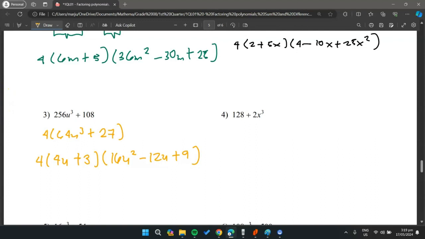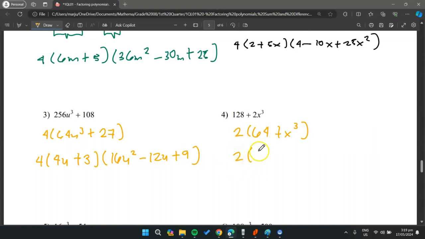Then what about number 4? So we'll factor out 2. So we will get 64 plus x cube. And again, we factor out this term. The cube root of 64 is 4.